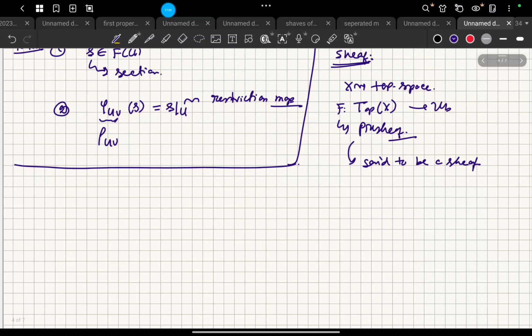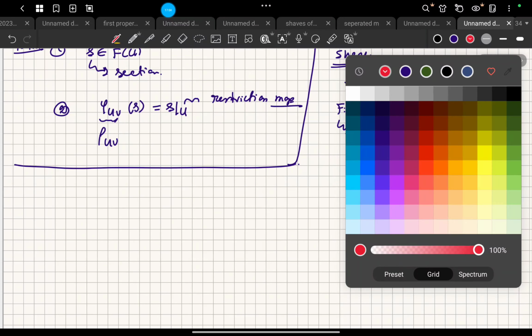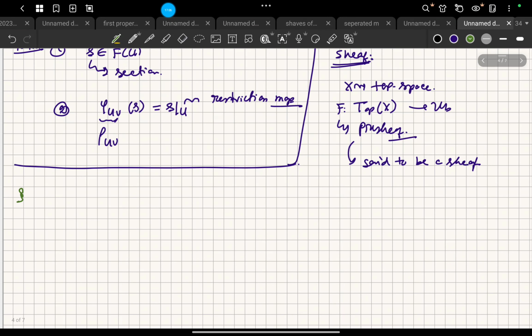Number one, suppose we have an open set and an open cover of this open set, such that S restricted to Vi is 0 for all i belonging to the index set I.